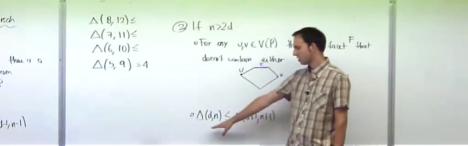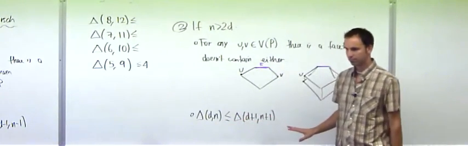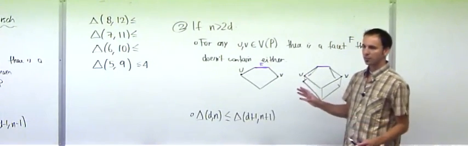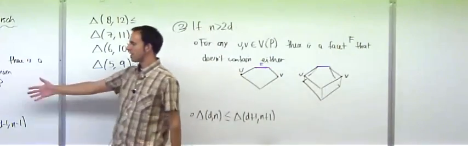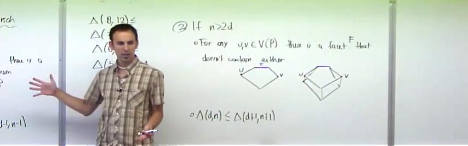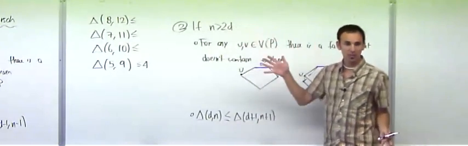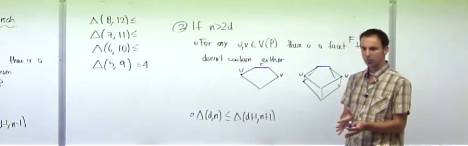Whatever this bound is, this one cannot be as bad as this one. Okay. And then if you do this carefully, this tells you that if n is less than 2d, then you can push n to be closer to 2d. Here it tells you that if n is bigger than 2d, then you can push n to be closer to 2d.